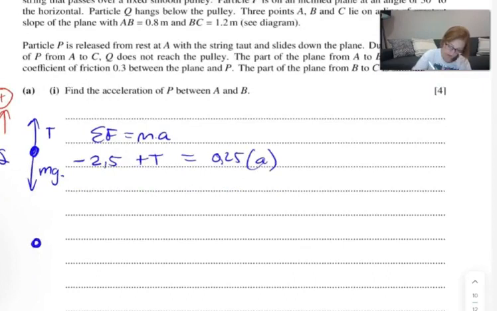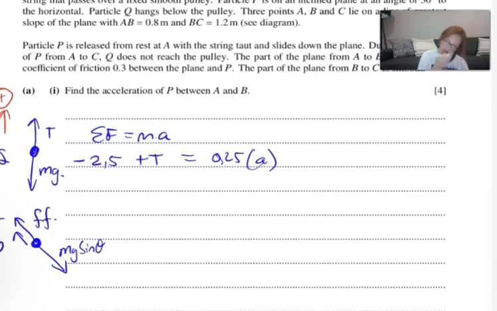So particle P has gravity pulling it down, it's got friction pulling it up, and there's tension in the rope. So minus tension, and down is positive in this case.